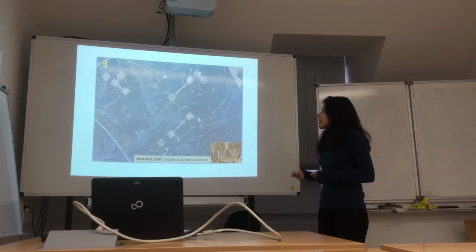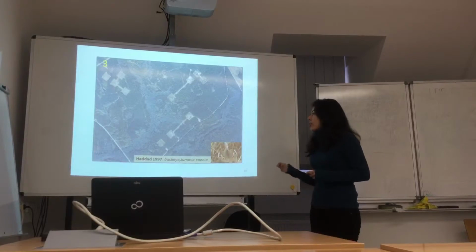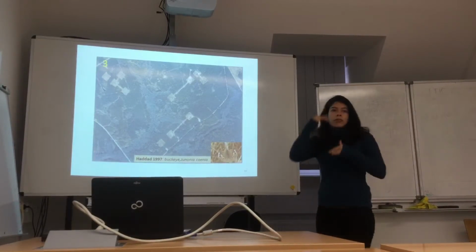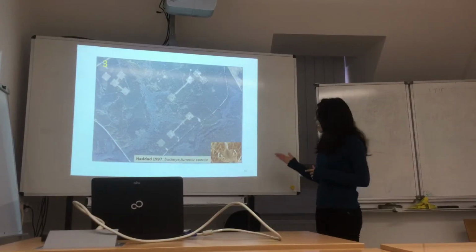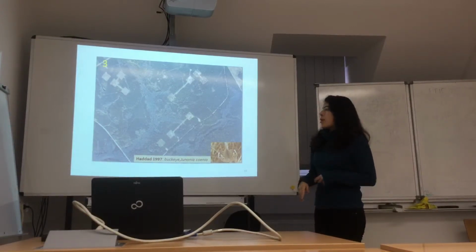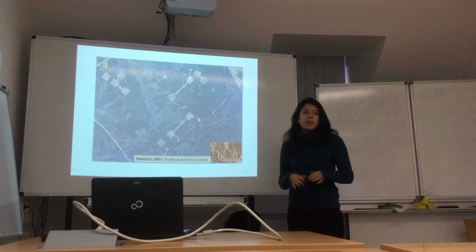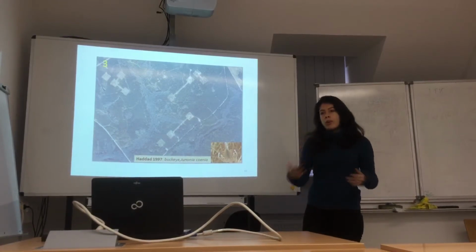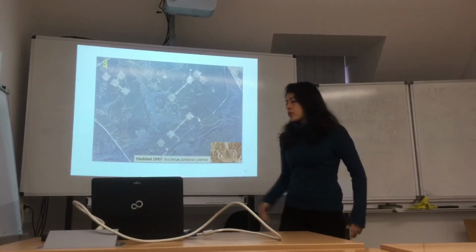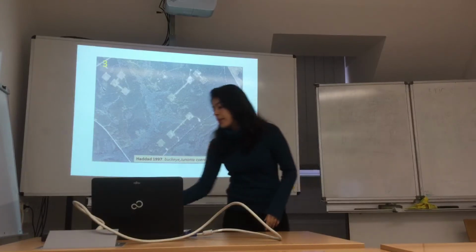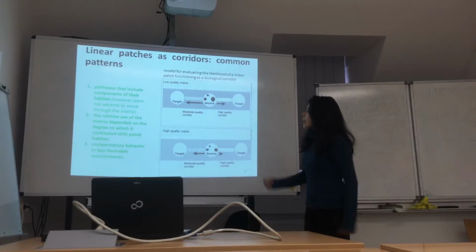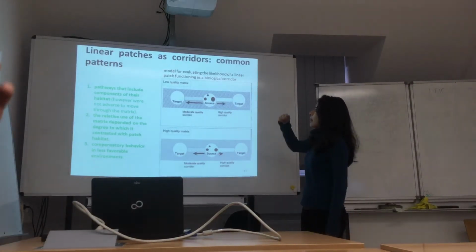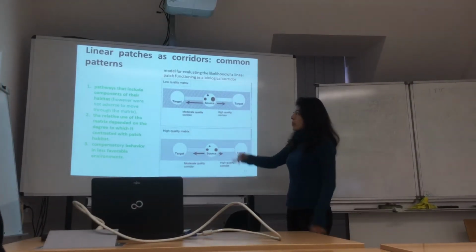In this case, the authors also saw that the rates of reaching the patch were higher through the corridors, but the matrix was also able to allow butterflies to move, so it was not completely unsuitable.